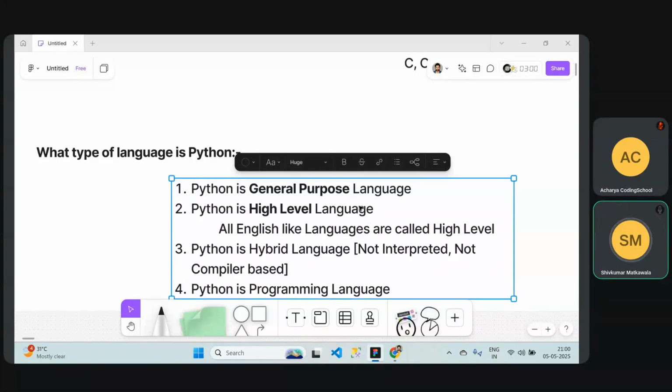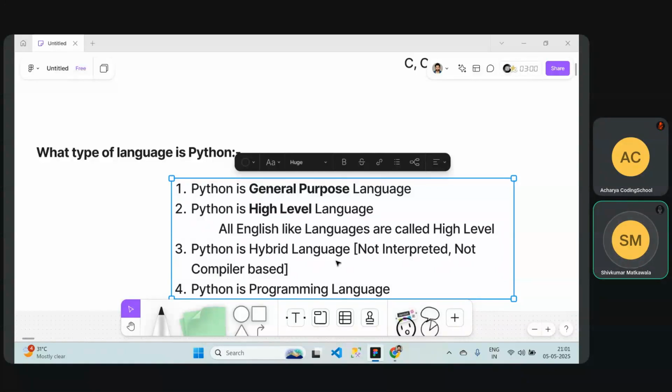Next one, Python is a hybrid language, not purely interpreted or compiler based. Guys, there are two types of languages, because our computer does not directly understand high level language. It understands low level languages.